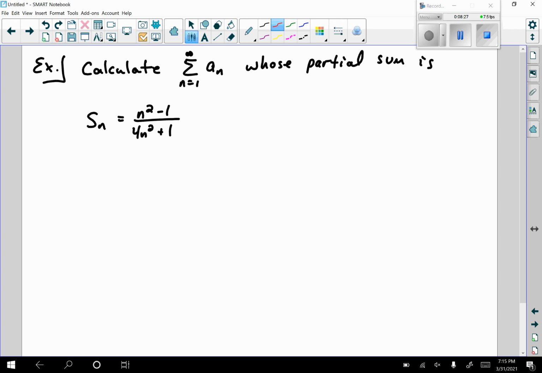So again, we would say that this summation, or again, the notation for the series, can be calculated by taking the limit of this partial sum as n goes to infinity. So this is just the limit as n goes to infinity of n squared minus 1 over 4n squared plus 1. So now we have to go back to all those limit laws, those limits at infinity. We did an example like this for section 11.1 where we're going to divide everything by the greatest power of n, which is going to be n squared.